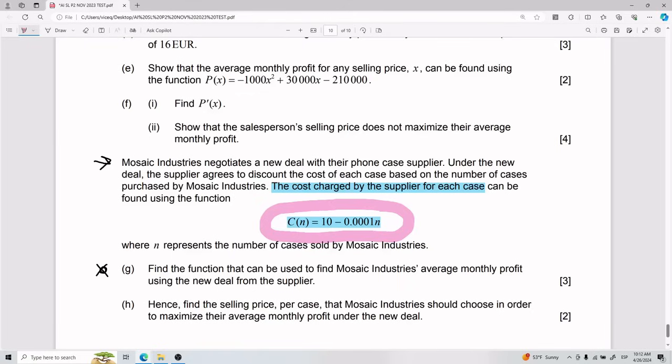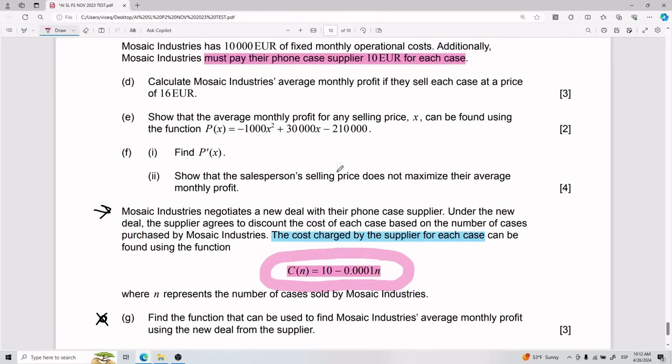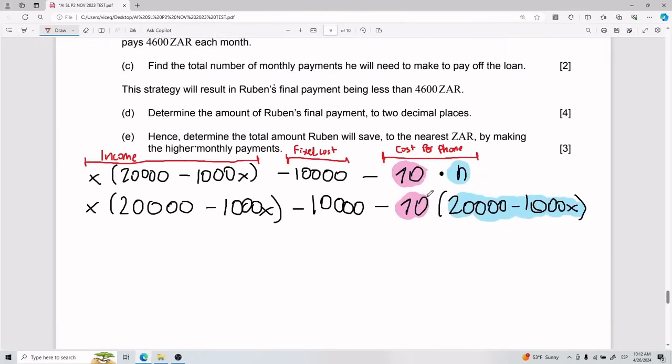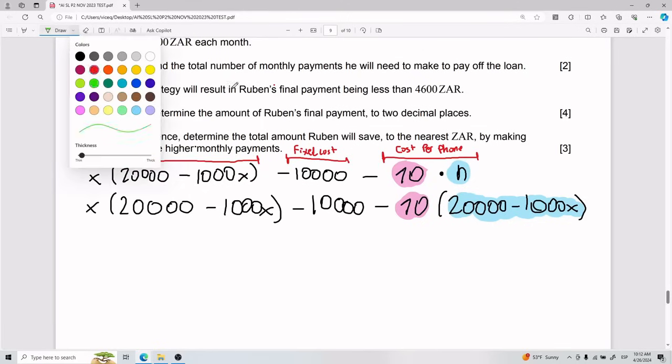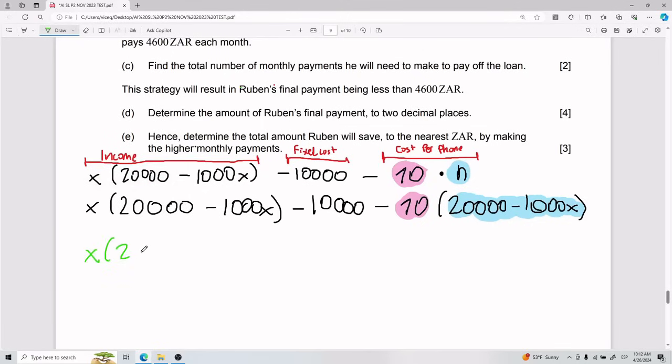Okay, so basically, this thing that I circled in pink is your 10. So this used to be 10, right? And now, technically, your equation is going to end up as x times 20,000 minus 1,000x. So your income is still the same.